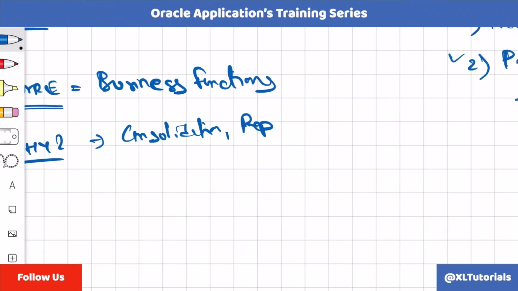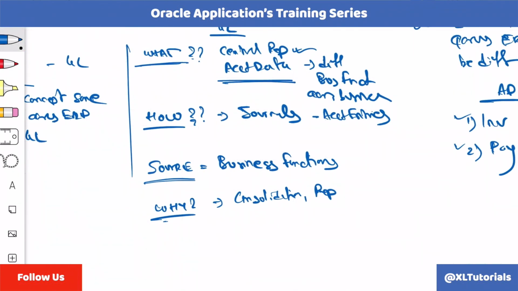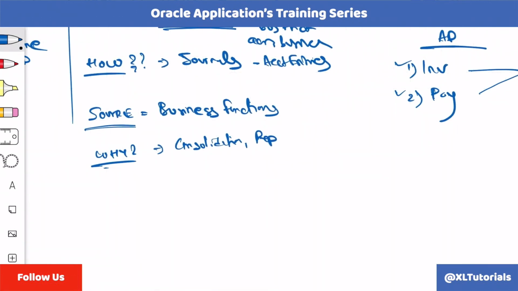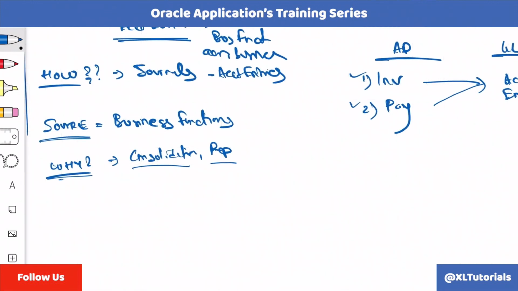If your individual business functions are doing activities, unless you consolidate them at a central place, you will not get meaningful reporting or the true picture of your business. So GL serves the purpose of consolidation and generating various reports. Some of the reports generated are the balance sheet and profit and loss, which are very basic and popular reports that come out of GL.